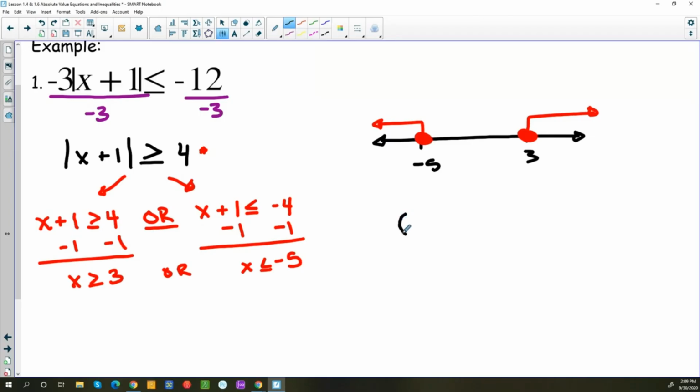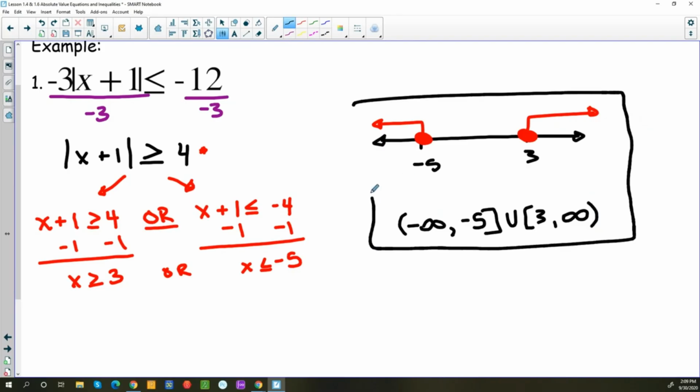So now we have the arrow going to -infinity. We have a stopping point at -5. We have a closed circle, which means we have a bracket. There's a gap, so we use the U for union. We pick up again at 3 with another bracket. And then our arrow goes to +infinity. So this right here, we could consider a final answer.